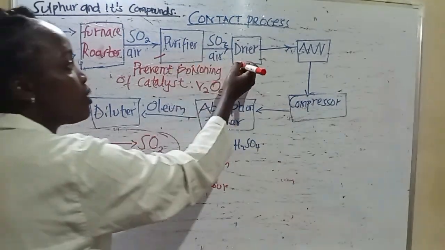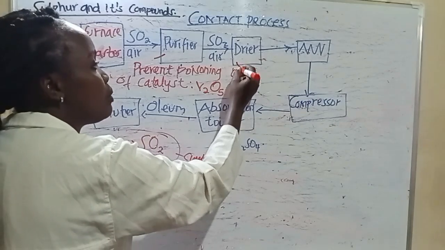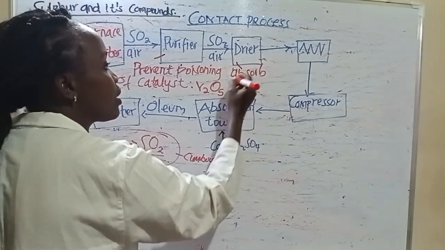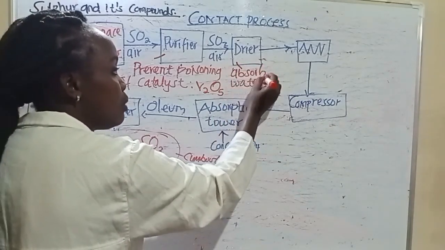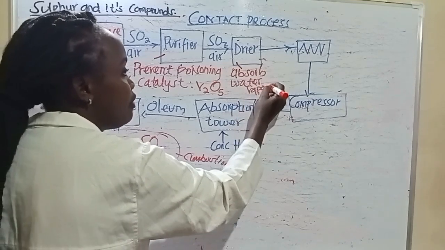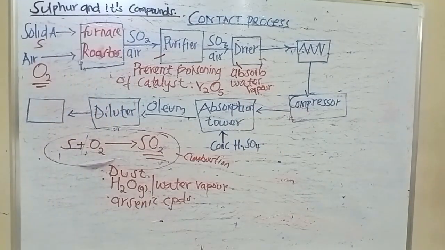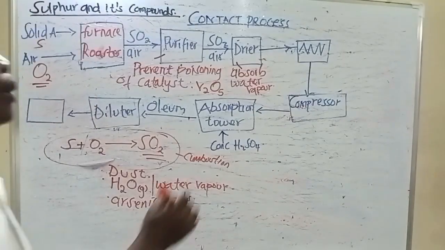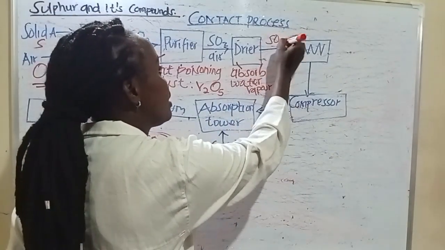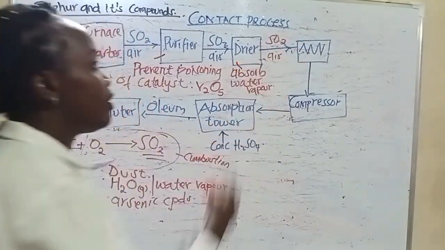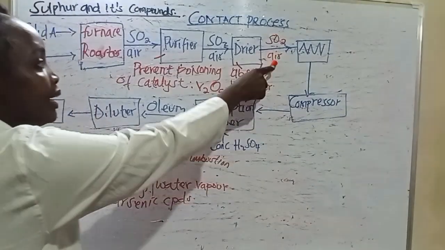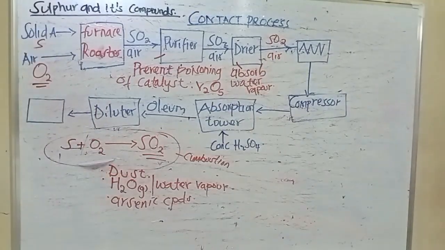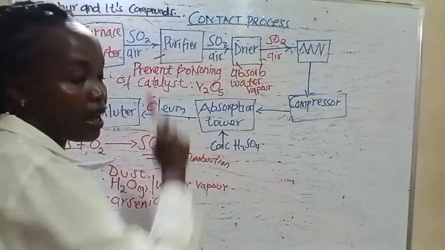Now we have our sulfur oxide and our air which is free from dust, arsenic compounds and water vapor.